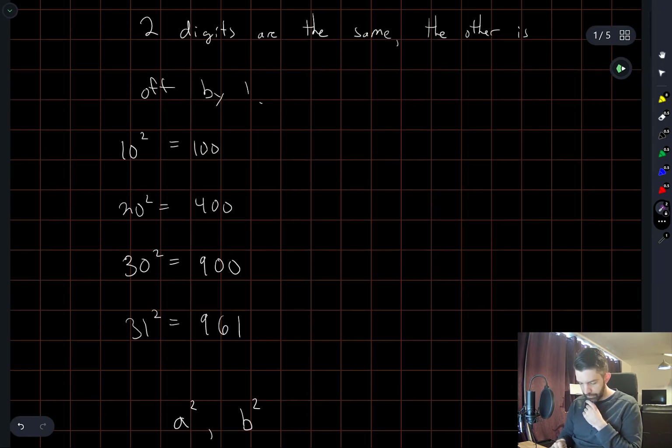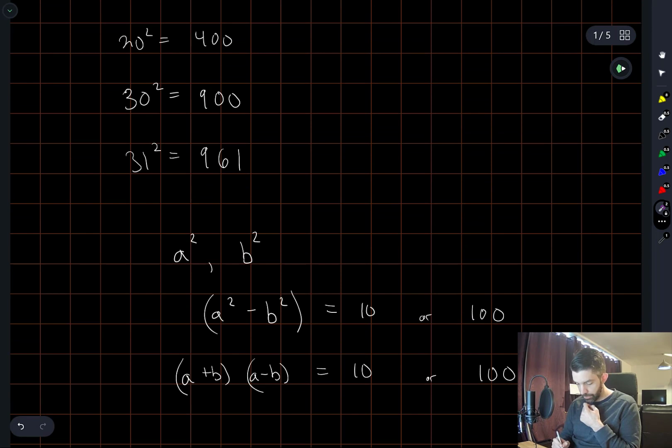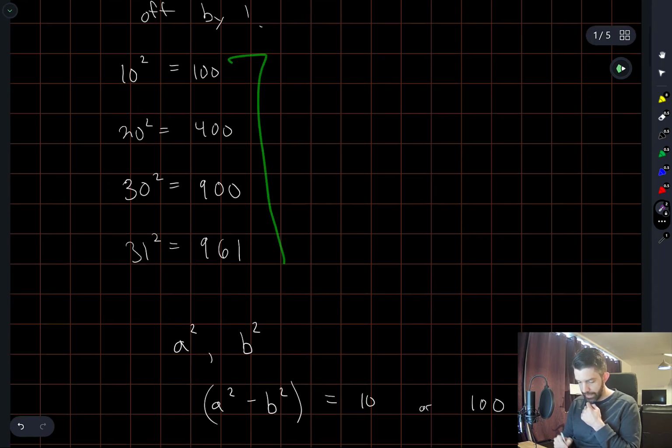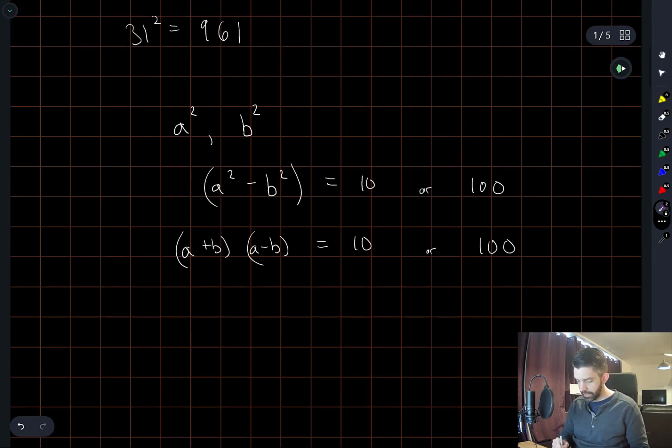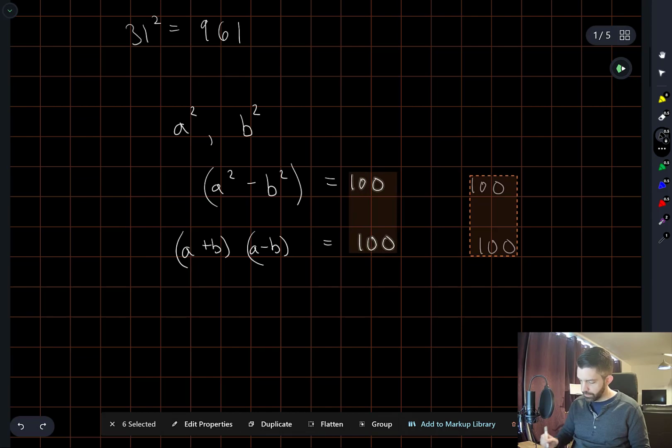But even so, I've already said the smallest difference between any two squares in this range is 21. So this can't possibly happen. So we can get rid of that. Okay, so we have that the difference between our squares has to be 100.